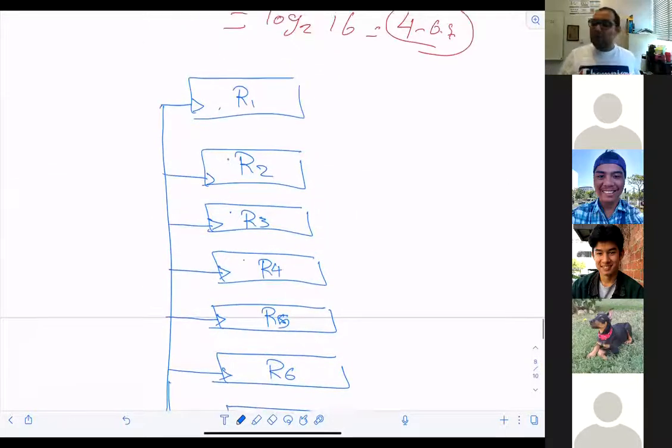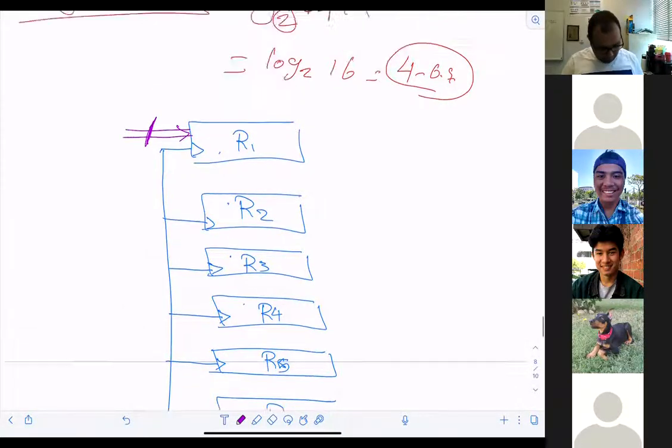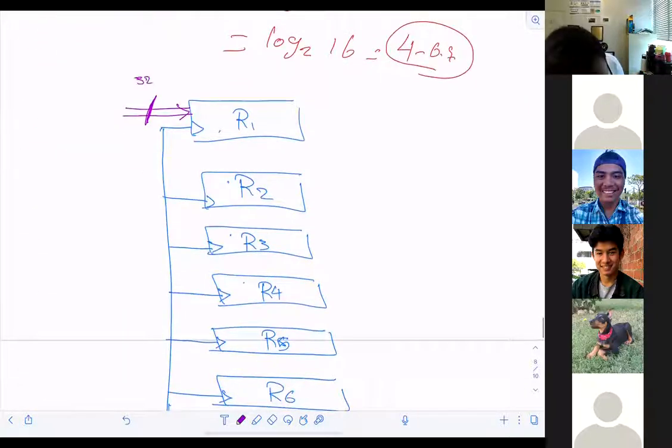So first of all, it is a parallel register or not? Right? So in that case, I can use a different color to define my input. So here is my first input. And what is the size of the input? Somebody can tell me, what is the size of the input? 4-bit? 32-bit? Yes, 32.